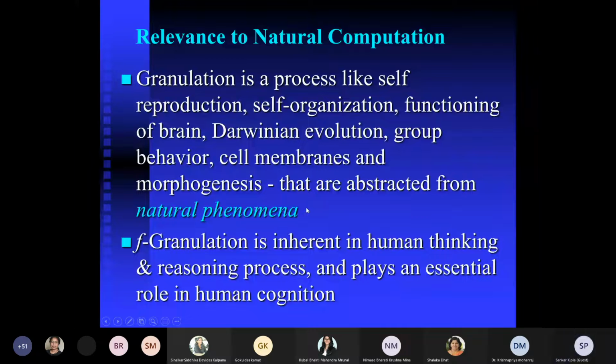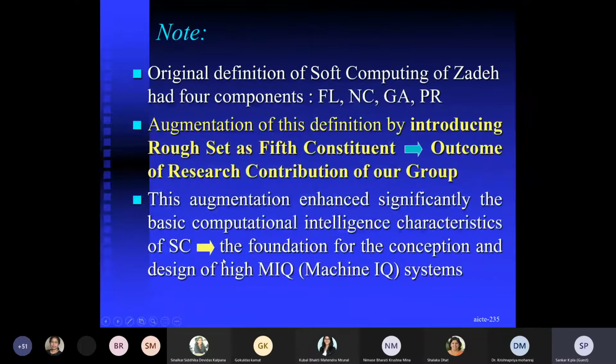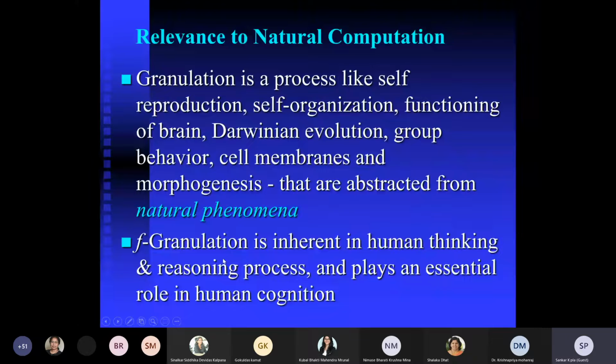And F granulation, fuzzy granulation, is inherent in human thinking and reasoning process, and it plays an essential role in human cognition. Therefore, you see that F granulation is a new concept which is inherent in the human thinking and reasoning process. That is one aspect you can deal with.